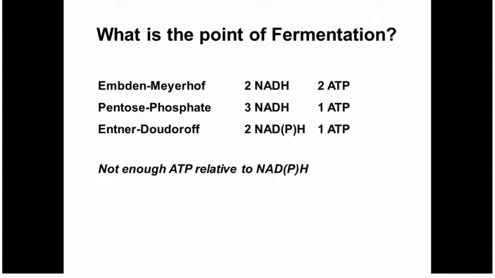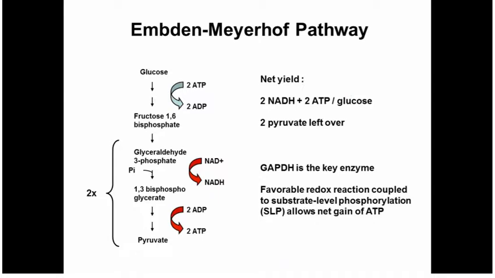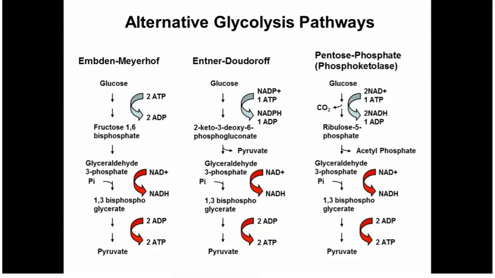So you might say, okay, well, that's not a problem. We'll just eat more glucose. So we'll just metabolize more. We'll produce ATP. Great. But the problem is that won't work because all of these steps require a source of NAD+, okay?